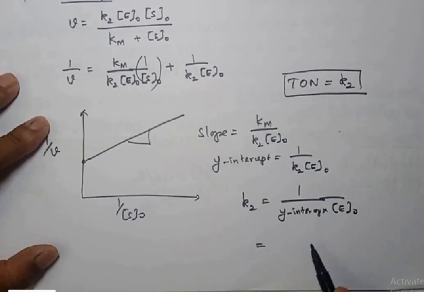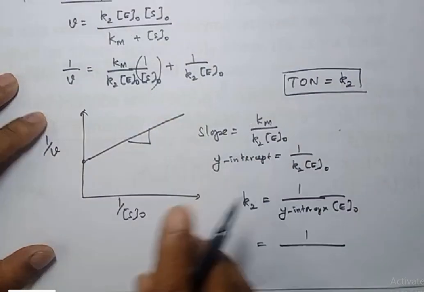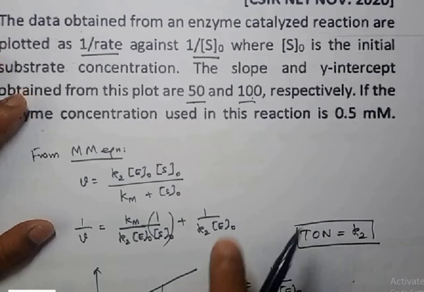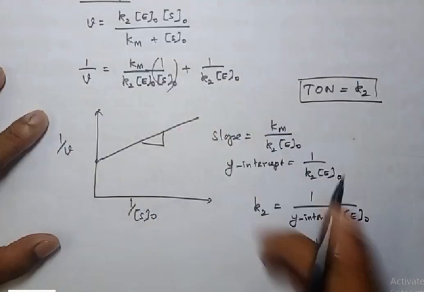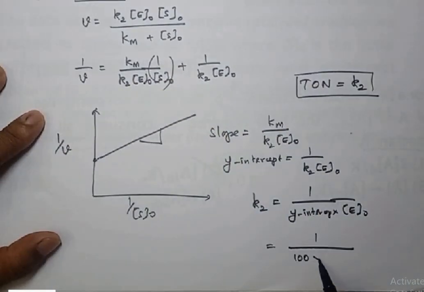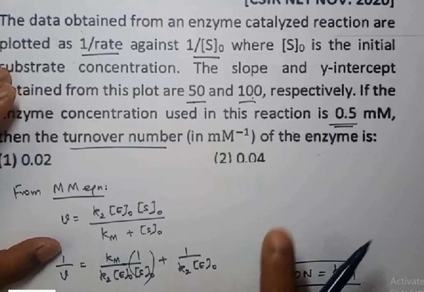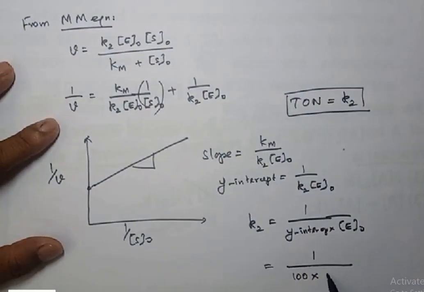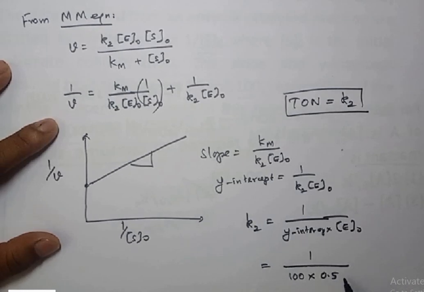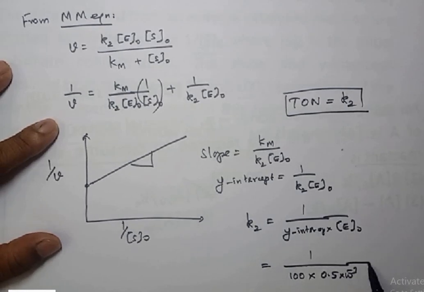What is the value of the y-intercept? It is given in the problem. Slope is 50 and y-intercept is 100. So y-intercept is 100 into, what is the enzyme concentration? Enzyme concentration is 0.5 millimolar. Milli means 10 power minus 3.